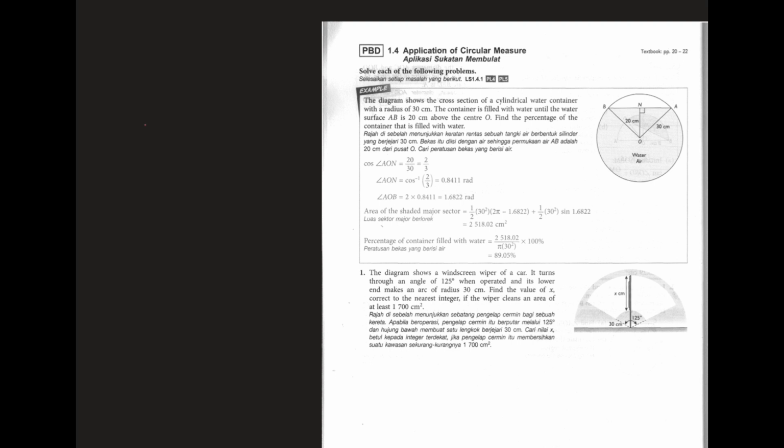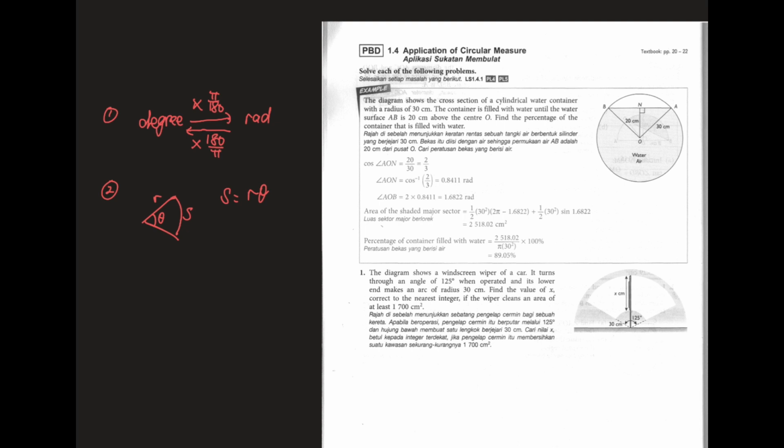So we learned how to change degree to radian, where we have to times pi over 180. We learned how to change radian to degree, times 180 over pi. We also learned how to find the arc length, which is this one. This is theta, this is r. So S equal to r theta.